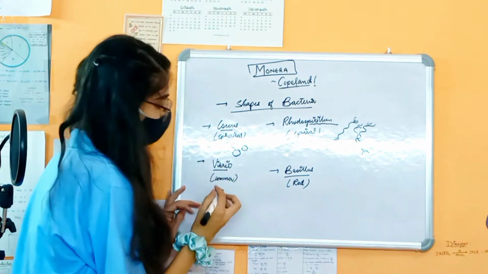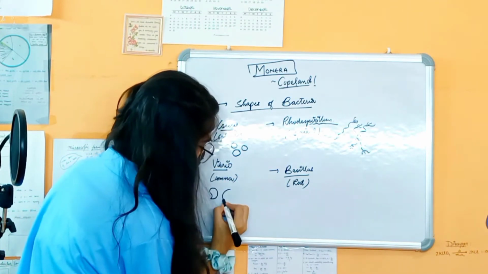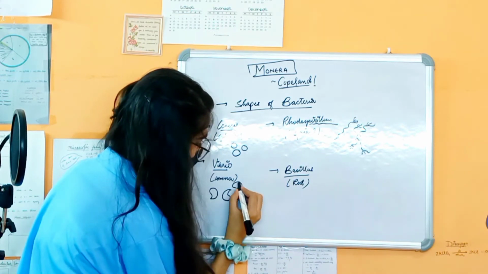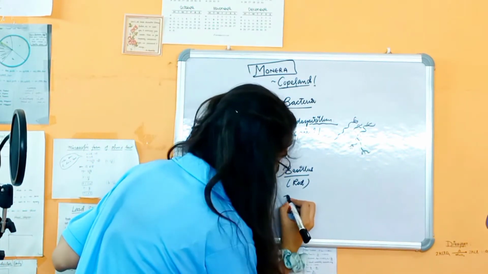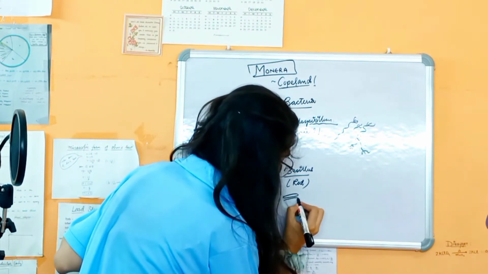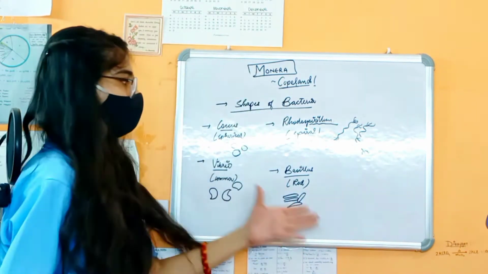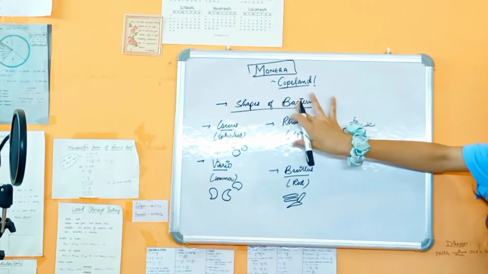Next we have Vibrio, comma shaped. This is Vibrio. Bacillus, rod shaped bacteria. So this is what we can call the shapes of bacteria.